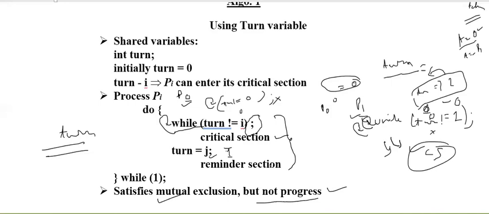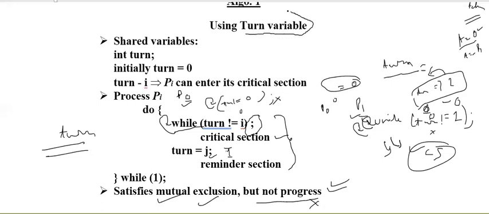Why? Because the first process's simple solution was that it would first give the chance to the other, and until the other says yes and releases it, the first will not go, but the second is not interested in going at all. So definitely the progress of the first process will get halted. That is the major concern here: it is satisfying mutual exclusion, but progress is not satisfied. So what can we perform further?